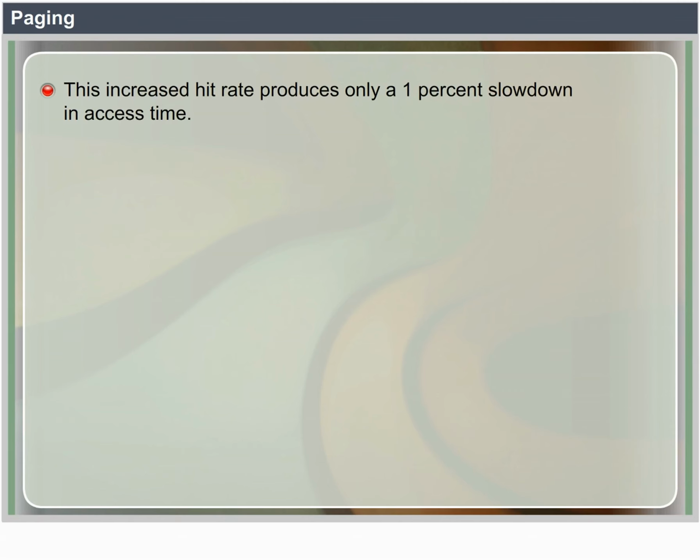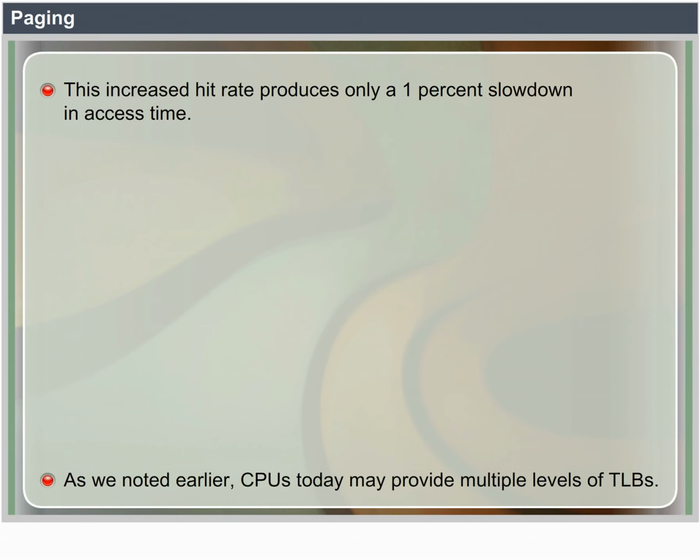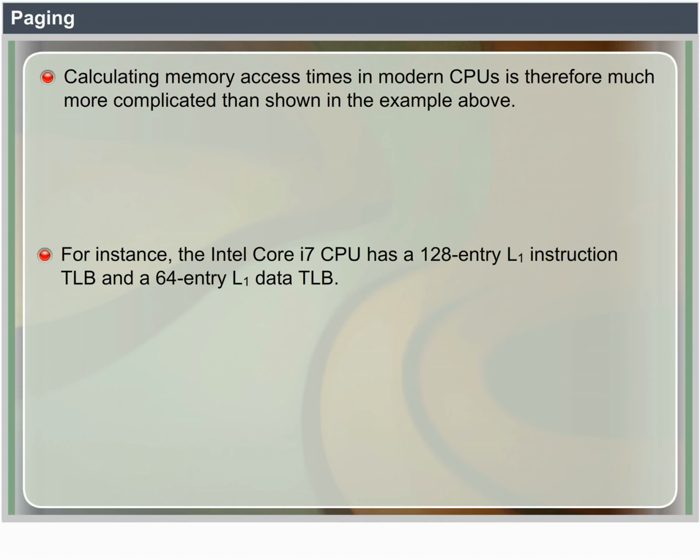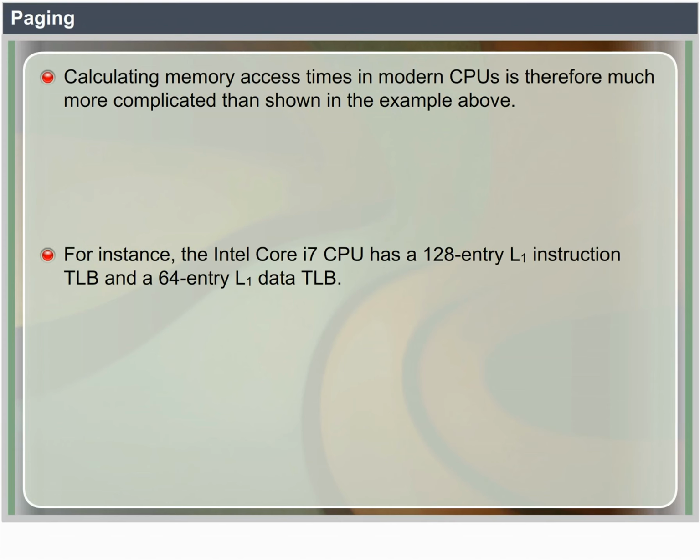As we noted earlier, CPUs today may provide multiple levels of TLBs. Calculating memory access times in modern CPUs is therefore much more complicated than shown in the example above. For instance, the Intel Core i7 CPU has a 128-entry L1 instruction TLB and a 64-entry L1 data TLB.